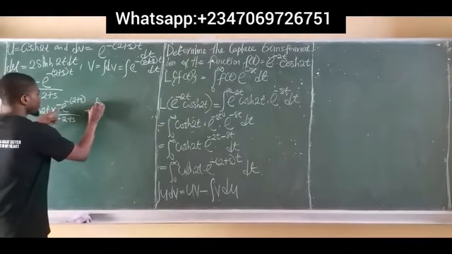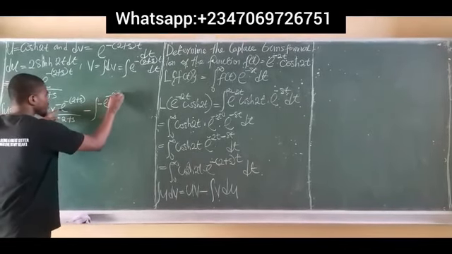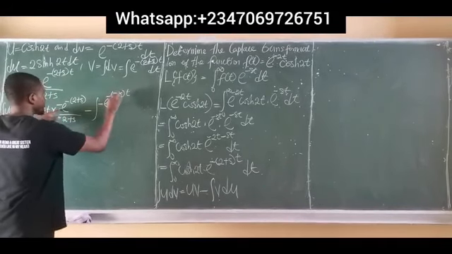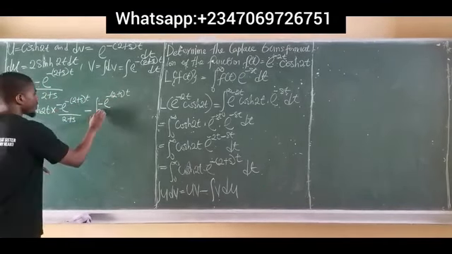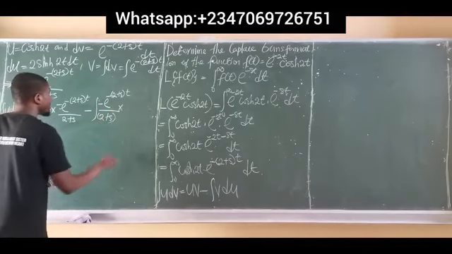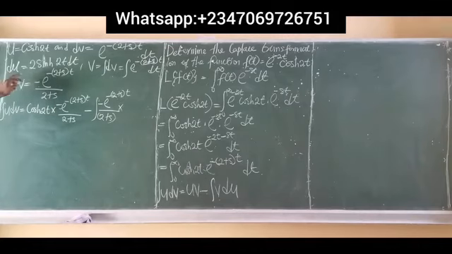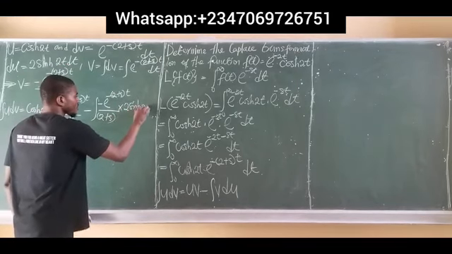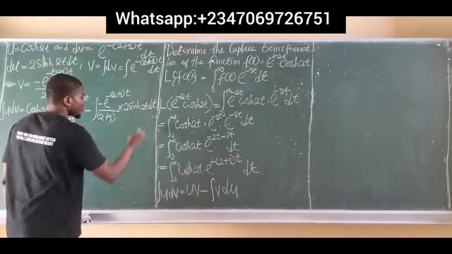Again, v remains minus exponential minus 2 plus s times t all over 2 plus s multiplied by du. What is du? Du is 2 sine 2t dt. So multiply by 2 sine 2t times dt.